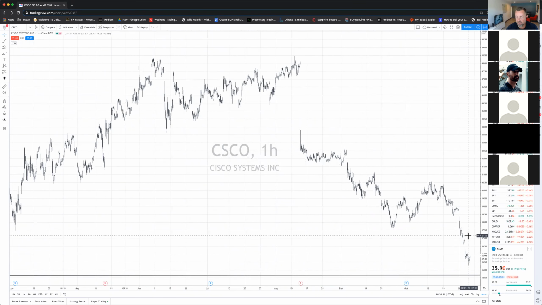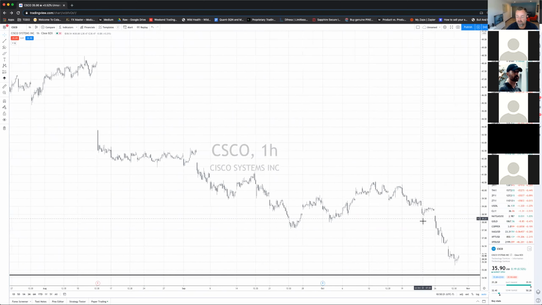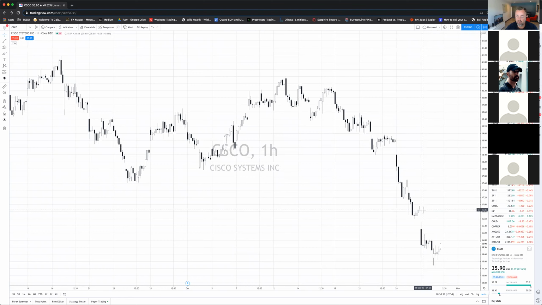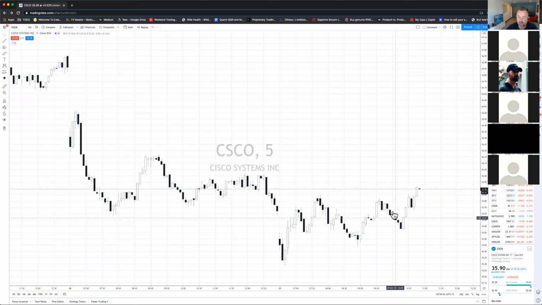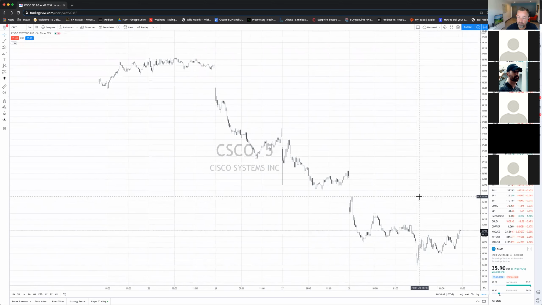Probably I want to see a pullback that fails, because I know that if we're trading at 35.90, 34.50 or so is going to be pretty enticing, knowing that the market wants to go there. So I'm going to want to find opportunities to get short so that I can do that. At the moment, I don't really have any on any time frame.